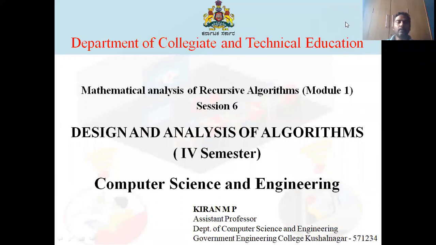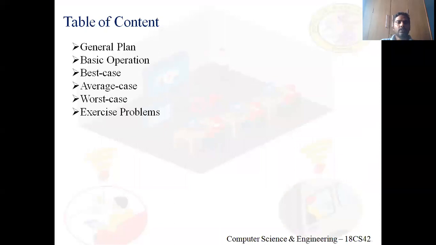So now we'll come to the agenda of this session. As in the previous session, which was on non-recursive algorithms, the same we are going to study here, but in the context of recursive. So first we'll see the general plan.